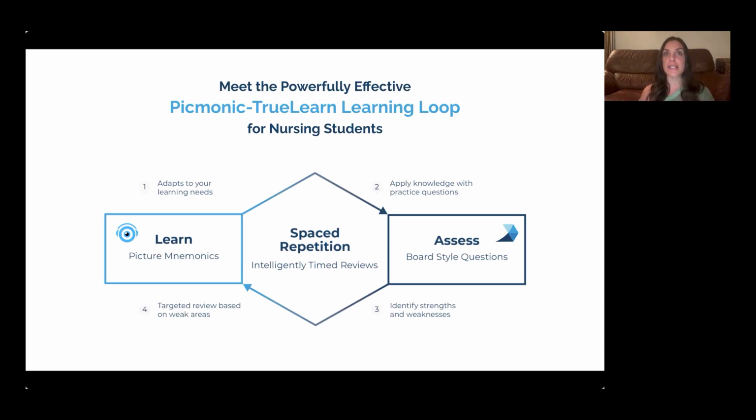You establish a strong knowledge base through Picmonic, and then you assess and improve your ability to apply the knowledge and think critically with TrueLearn. Combining these two tools allows you to identify your content strengths and weaknesses and target them for further study, which helps you improve your performance, long-term retention of material, and exam outcomes. It's really a beautiful package altogether.